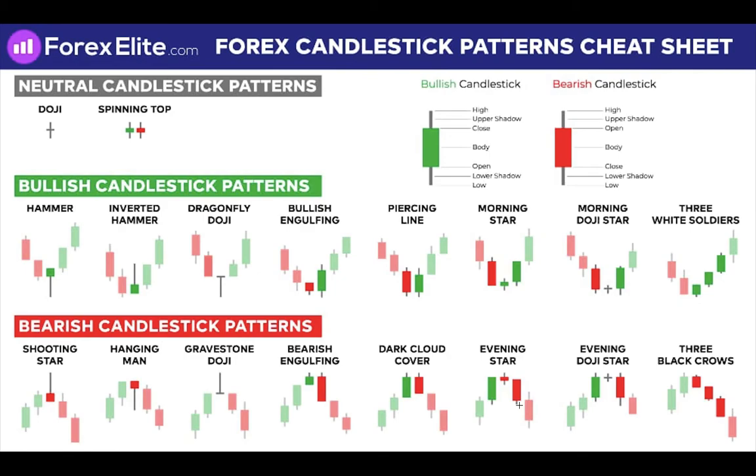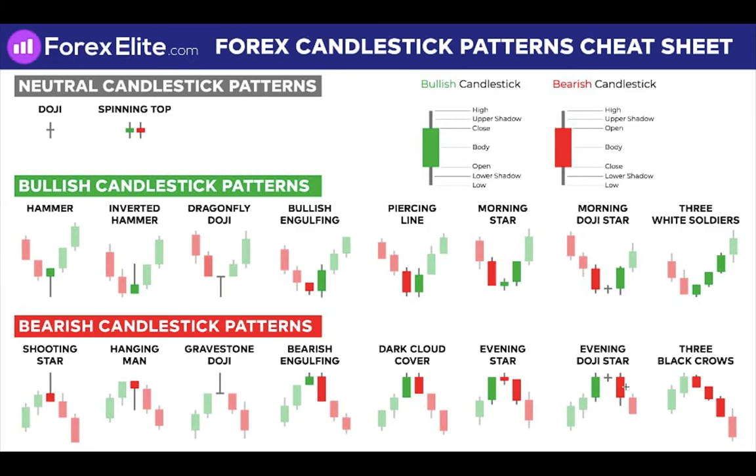So just 3 candles, a short candle between a long green and a long red. So it is telling you that there is a potential drop. So when there is a potential drop, you have to prepare to sell. You have to click the sell button.